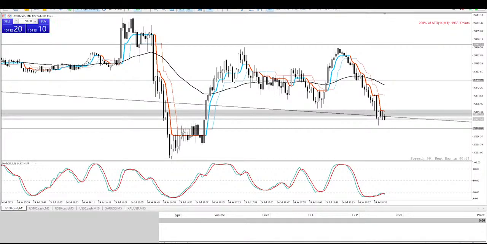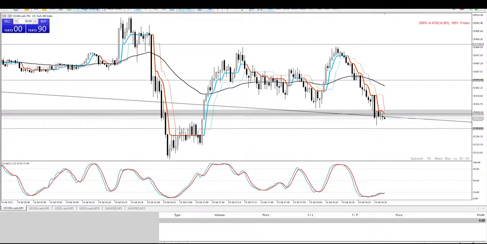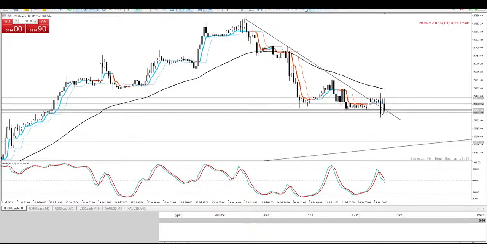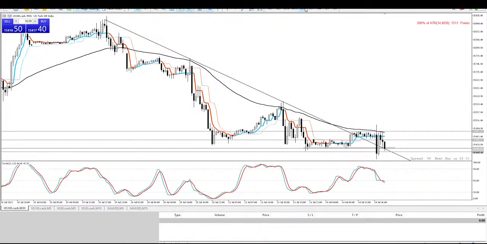Alright, let's see. Gonna wait for this 1 minute candle to close to see what happens. Alright, no entry yet. No entry yet, guys. It's still messing around, eh?